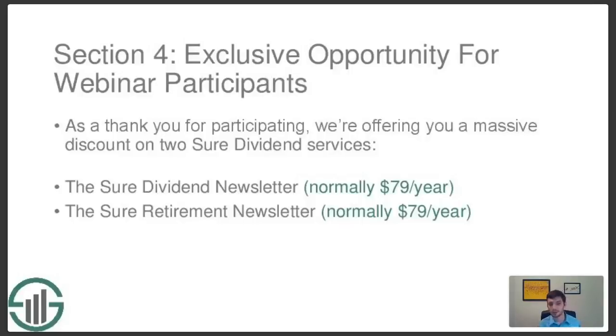The Sure Retirement newsletter has in mind investors who need current income today and have some income growth in the future. Of course, you have to give up something to get higher income today. So we expect the Sure Dividend newsletter stocks to be a bit safer and to possibly have greater long-term growth prospects. The Sure Retirement newsletter stocks, and we don't exclude safety or growth in Sure Retirement by any means, are going to have higher yields now with not as high of scores in other areas.